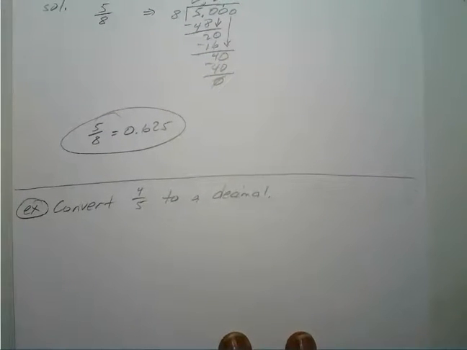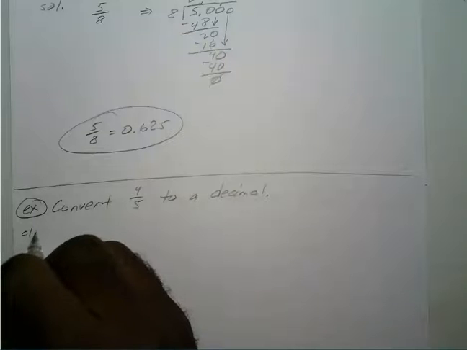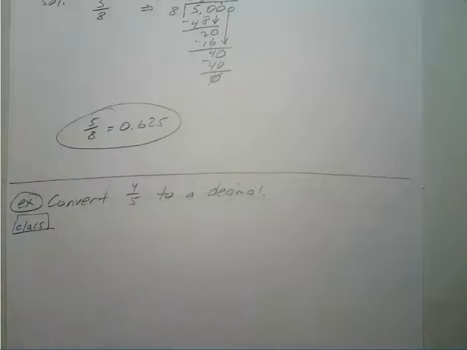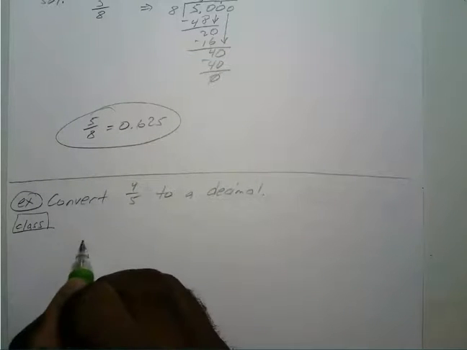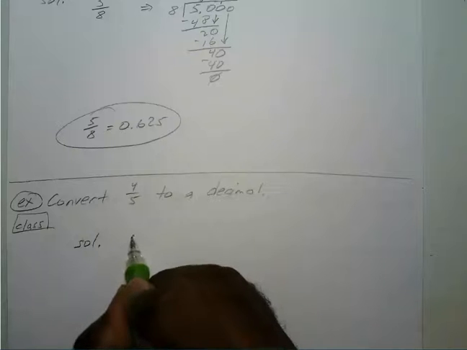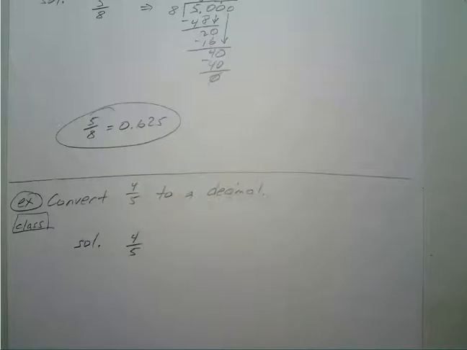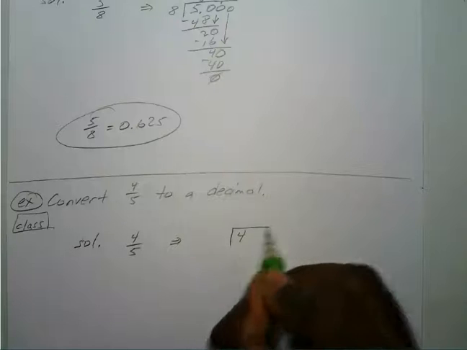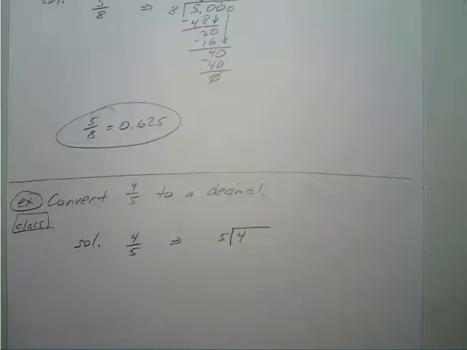Now what I want you to do is go ahead and press pause and try this one on your own. Assuming you've already pressed pause and finished this one, let's verify your answer. We know that 4 divided by 5 becomes 4 divided by 5.